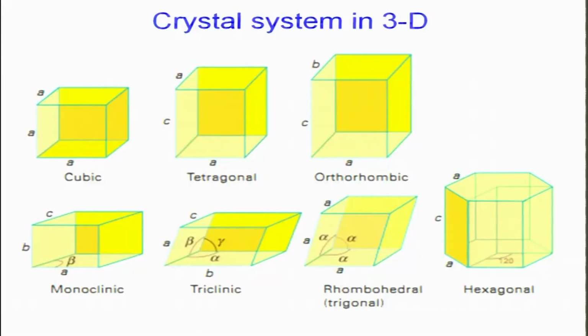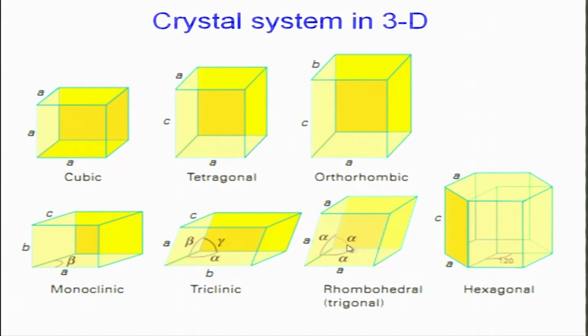Okay, so these are the crystal systems that you can see in 3D. So, this is the cube, the second one is the tetragonal system, the third one is orthorhombic, the fourth one is monoclinic, you have triclinic, and you have rhombohedral. Rhombohedral is often also called trigonal or the trigonal system.